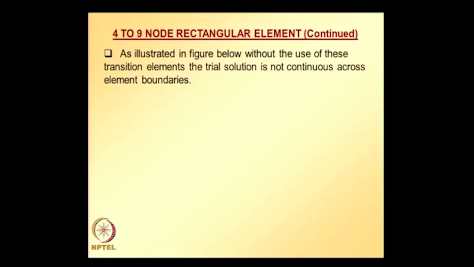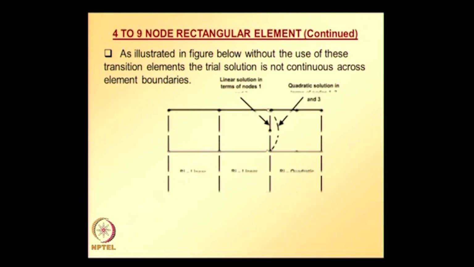As illustrated in figure below, without the use of these transition elements, the trial solution is not continuous across element boundaries. The statement can be better understood by taking this illustration here. So, 4 node element mesh is immediately connected with 8 node element mesh.